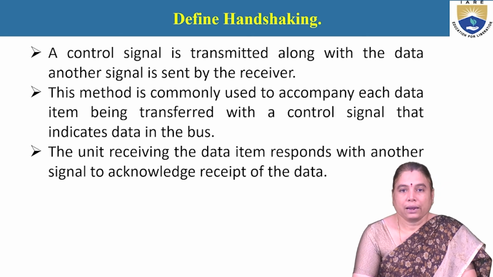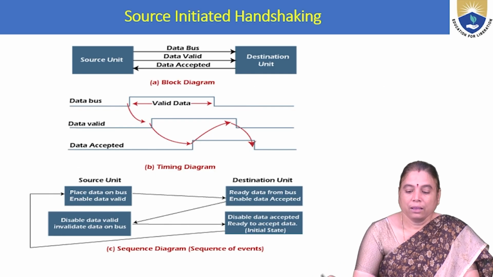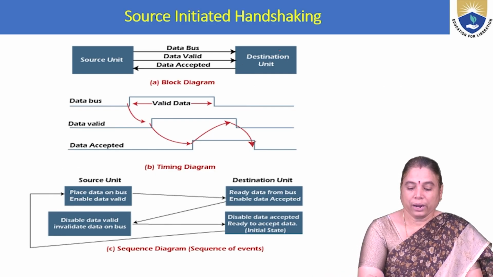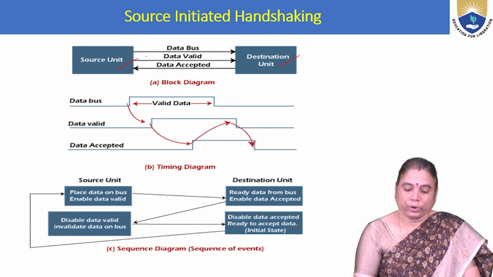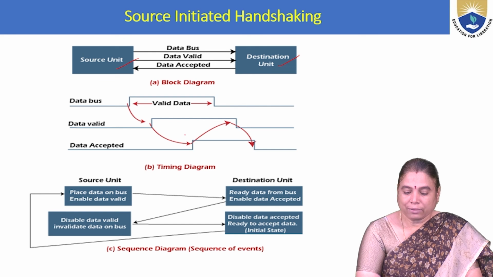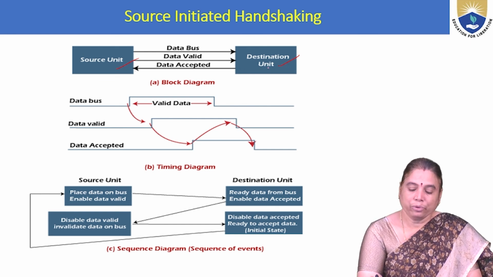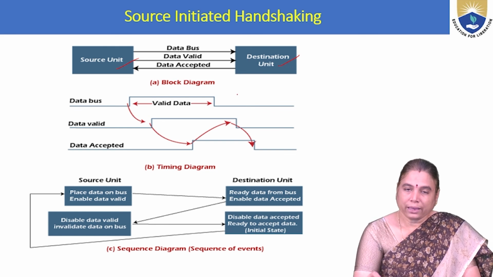In this way, it can guarantee the data receipt. Here we have the source unit and the destination unit, the data bus, and data valid. After receiving, a data accepted acknowledgement is sent from the destination unit to the source unit. So after the valid data is transmitted, as soon as it is received, the destination unit sends the data accept signal. Thereby it can guarantee the receipt of the data.